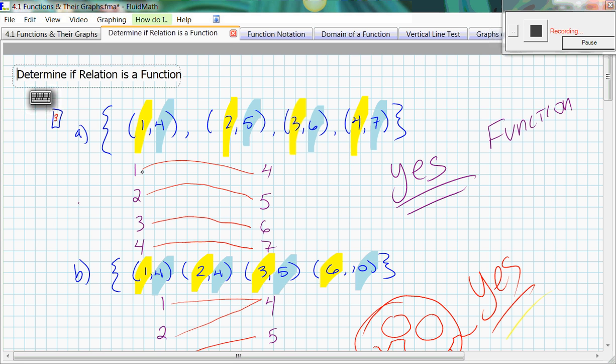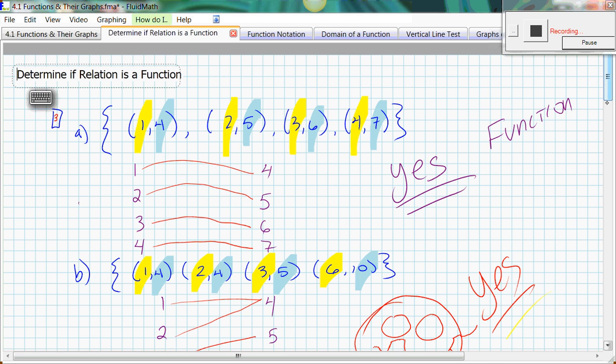The output values are the 4, the 5, the 6, and the 7, and we wrote those down over there. Then we mapped each input to its output. So 1 gets mapped to 4, 2 gets mapped to 5, the input is 3, the output is 6, the input is 4, the output is 7. Every single input has a unique output. Therefore, the answer was yes, this is a function.